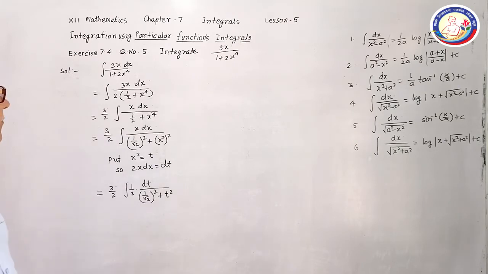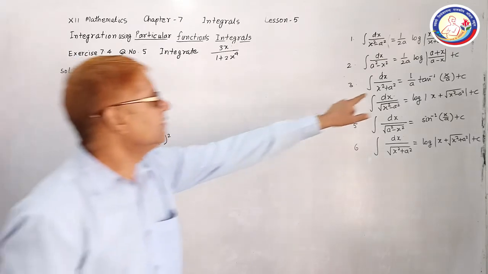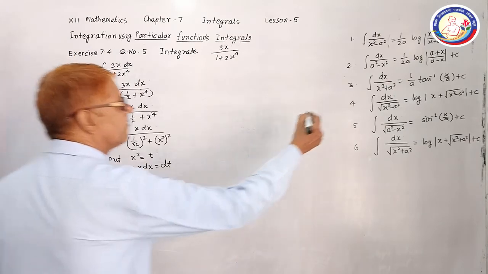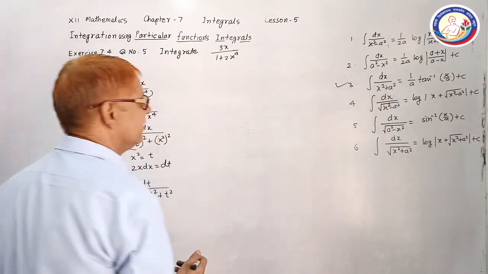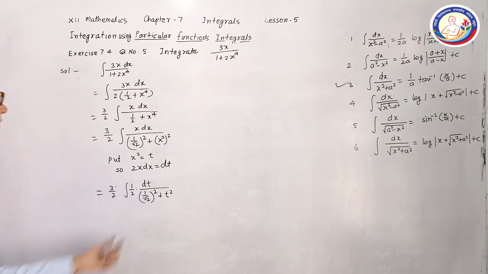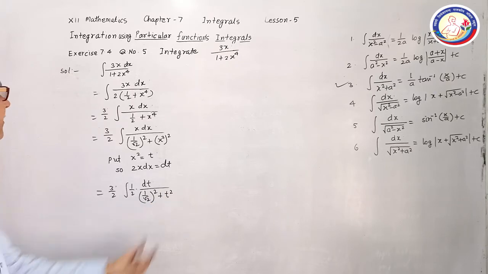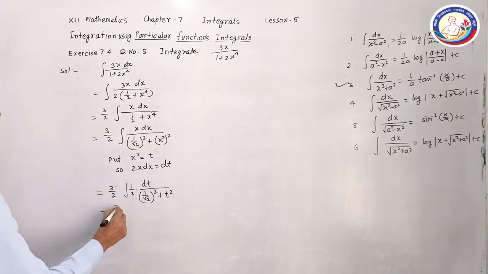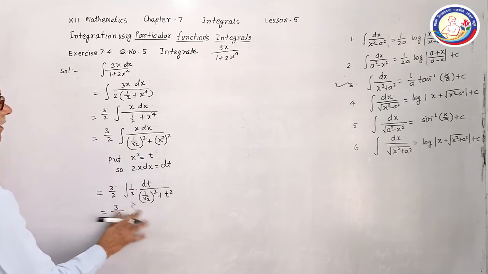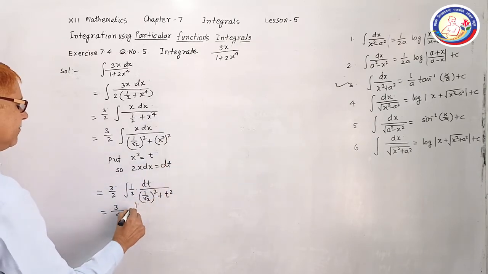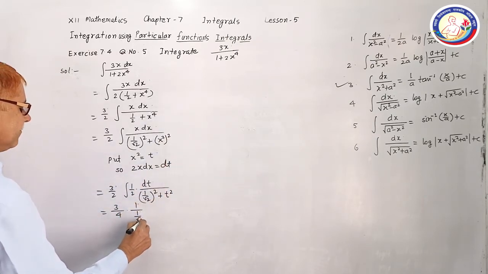Now here, which formula is applicable? This formula is applicable. Where a equals what? Use this formula. We will write the formula here. And here a is 1 by root 2, and the variable here is t. So its integration will be 3 by 2 into 2, 2 into 2, that is 4, square root of, we can write 1 by a, that is 1 by root 2.